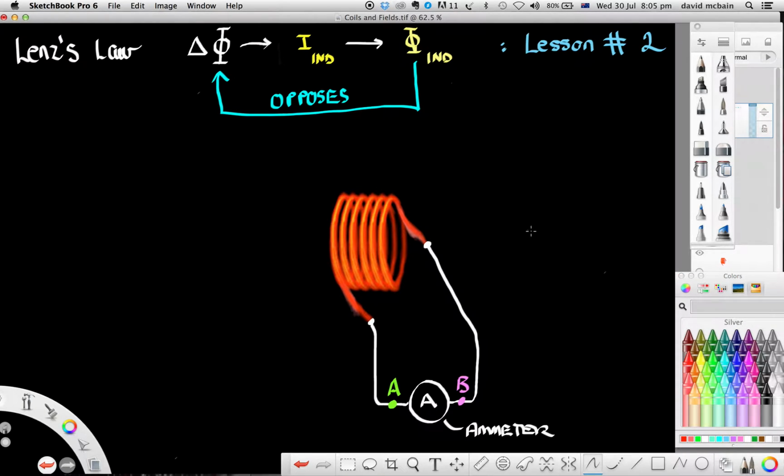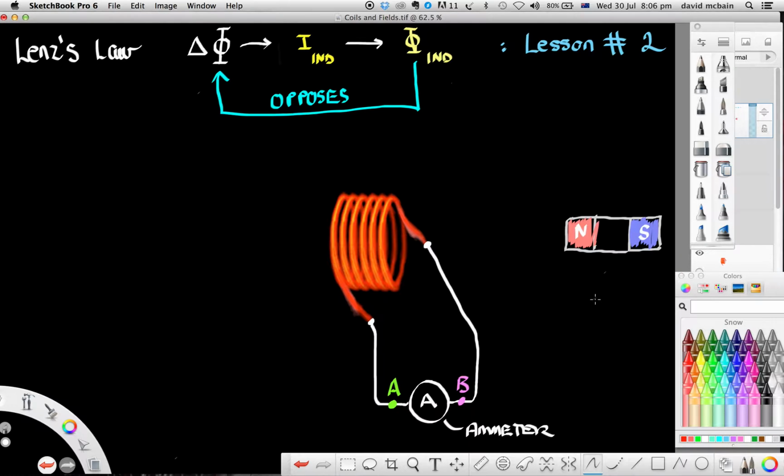We've got a magnet that is off here to the right. And there's the north end, and there's the south end of our magnet. So, north and south.